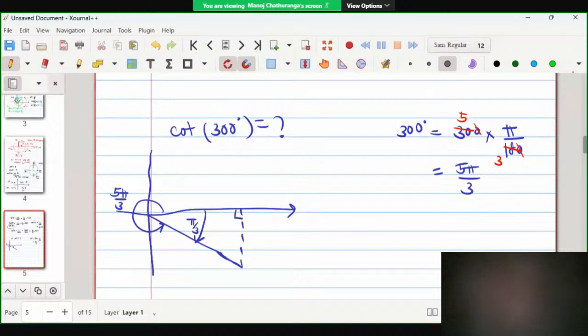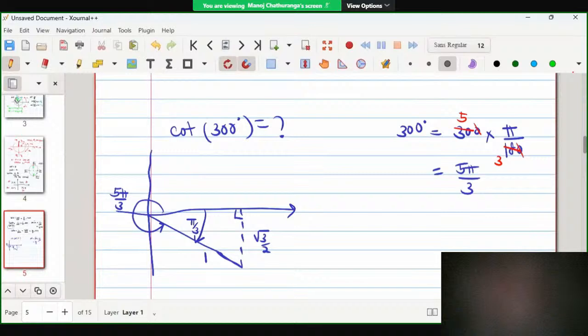And we know about the pi by 3. Pi by 3 is 60 degrees. For a 60-degree triangle, when the hypotenuse is 1, the opposite side is square root 3 by 2. Sine pi by 3 is square root 3 divided by 2.